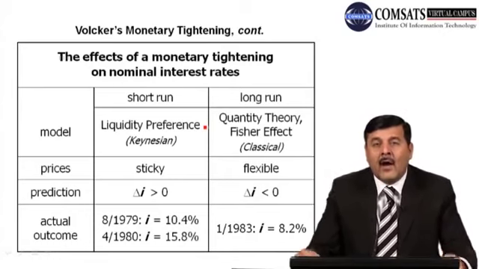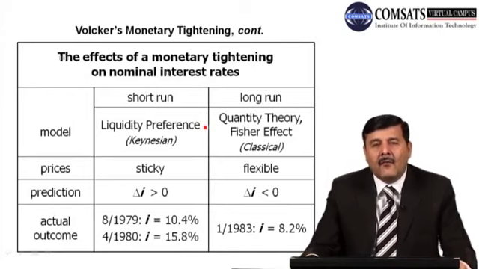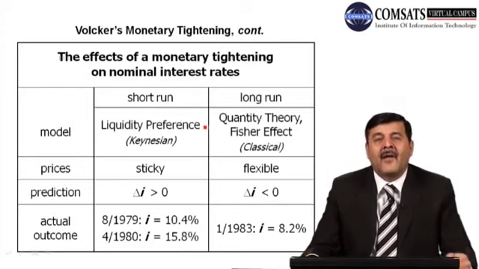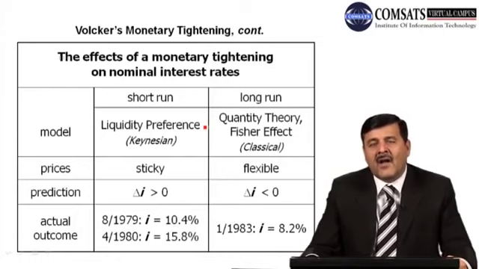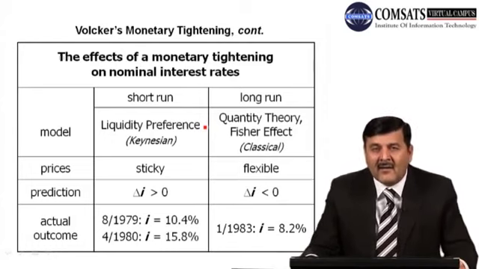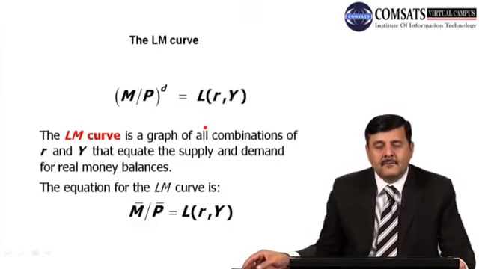But the question arises, how would this policy affect the interest rate in the economy? In this slide we saw that if we are talking about Keynesian economics, there will be a positive effect on the nominal interest rate, and if we talk about classical economists, which talk about the long run equilibrium, this has a negative effect on the nominal interest rate.